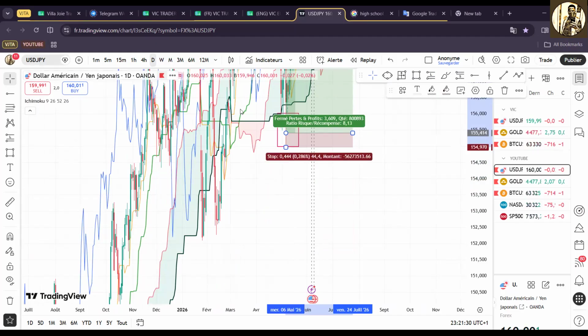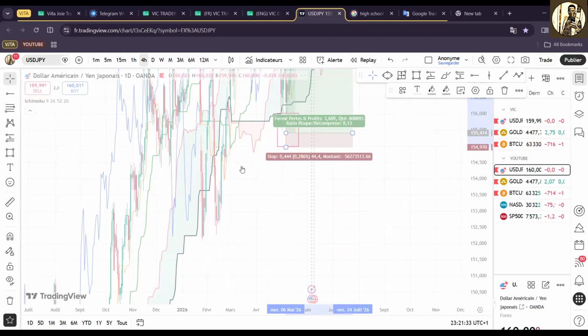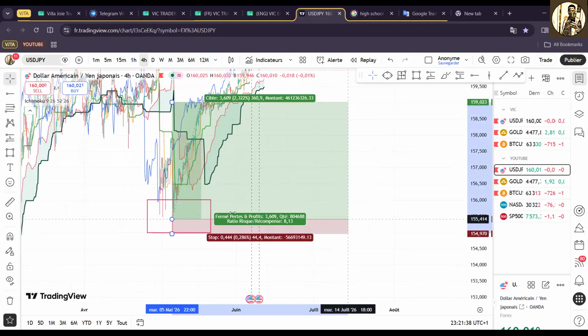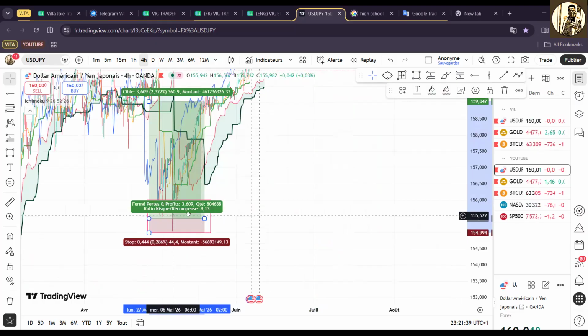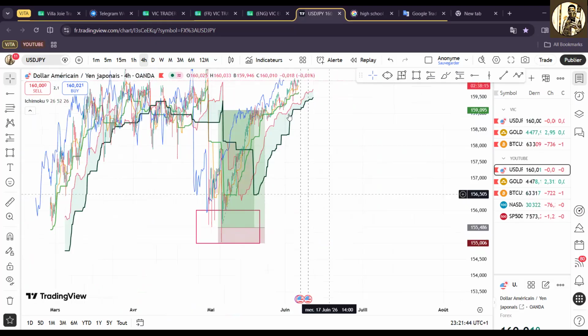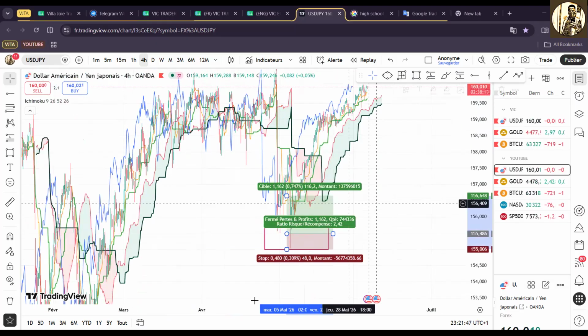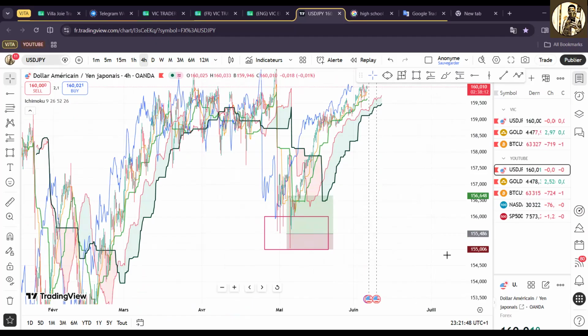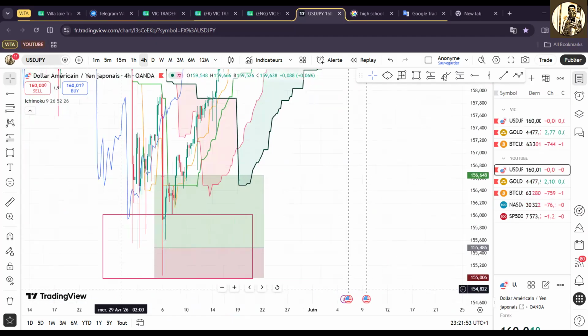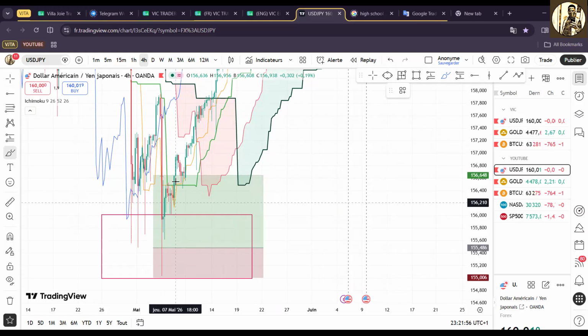What do you do to hold that position to the top, to where it is going? You use Tenkan as your guide. When you enter there on H1, let the price go to the upside.